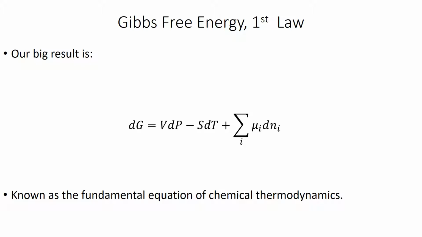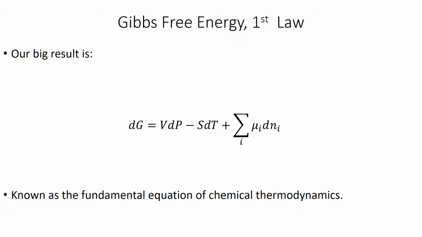The change in the Gibbs free energy is equal to the volume times the change in pressure minus entropy times changes in the temperature plus summation over all chemical species i with chemical potential mu times the changes in the moles dn.